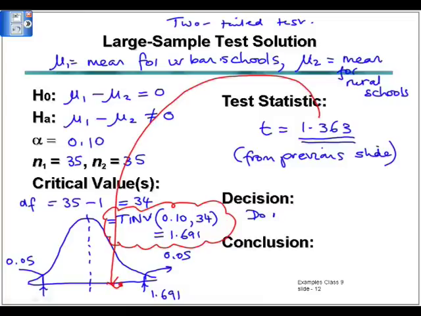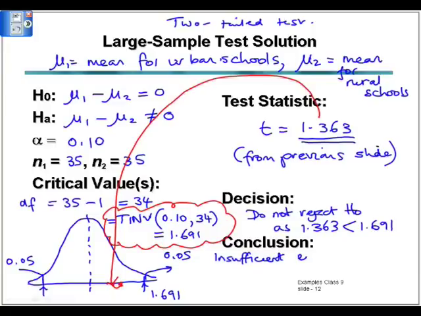And our conclusion then means if we have a do not reject, we have insufficient evidence at this value of alpha to suggest a difference in those population means, that there is a difference between mean spending per pupil between rural and urban high schools.